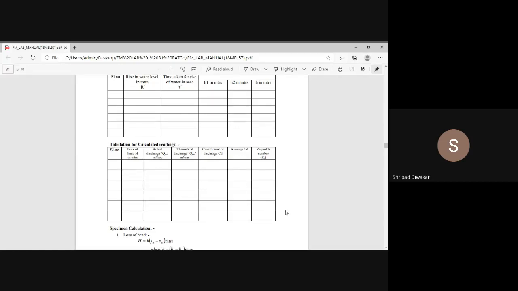If Reynolds number is less than 2000, then we call it laminar flow. In laminar flow, the fluid flows in the form of layers, and the viscosity will be more. On the other hand, whenever the Reynolds number is greater than 4000, then it is turbulent flow.